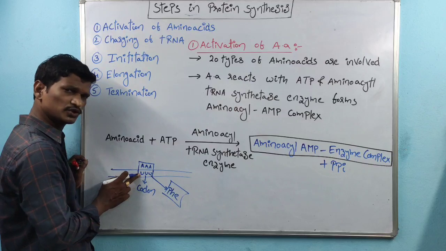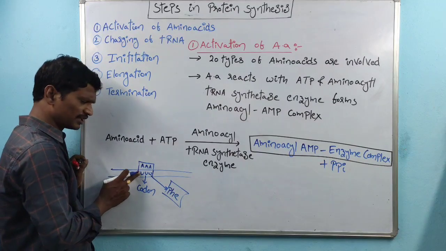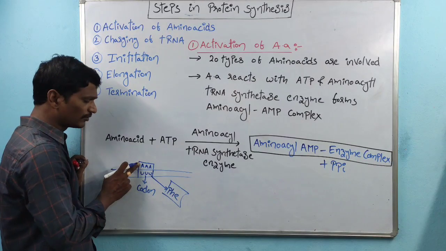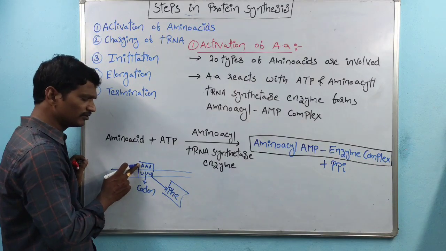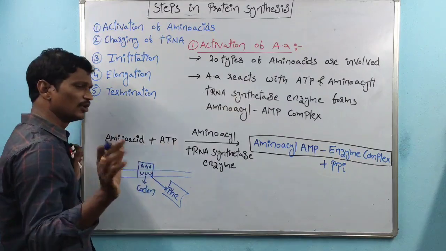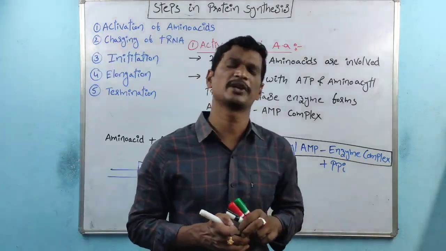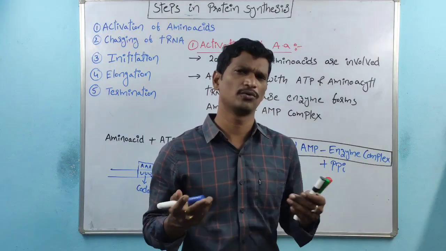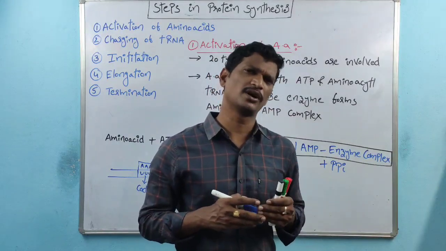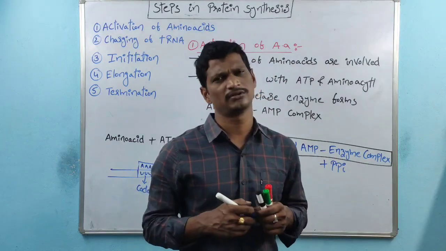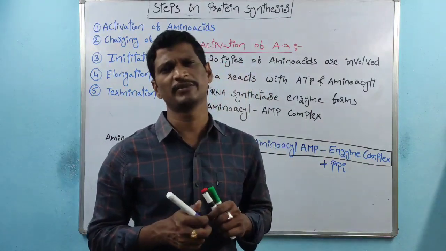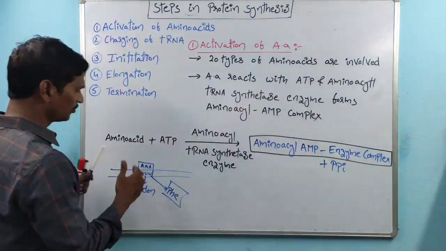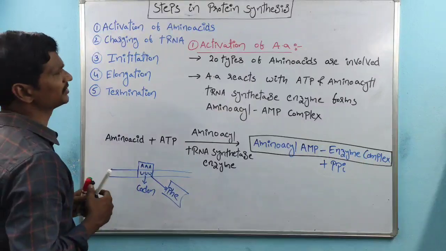A specific codon codes for an amino acid, and the specific codon is recognized by the anticodon. Simple. What I am telling is: codons code for amino acids. A specific codon codes for a specific amino acid. How? Each specific codon is recognized by an anticodon, and the anticodon codes for the specific amino acid. Right? So that is about the codon and anticodon interaction.